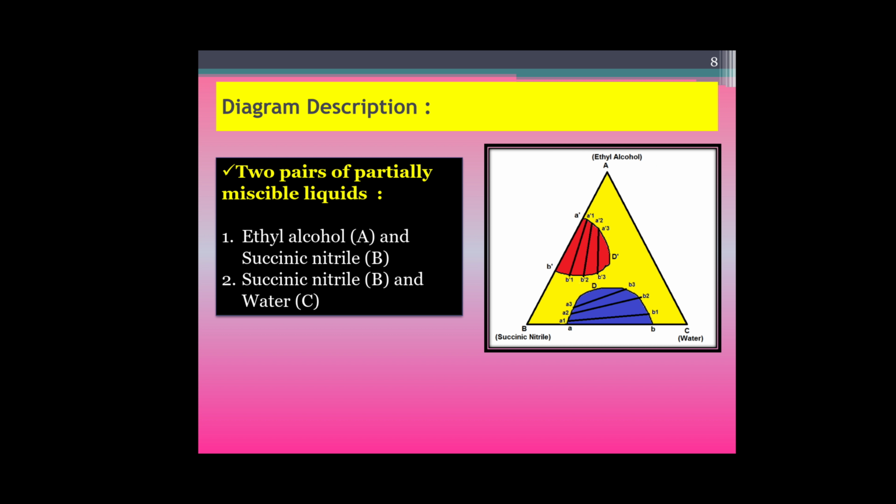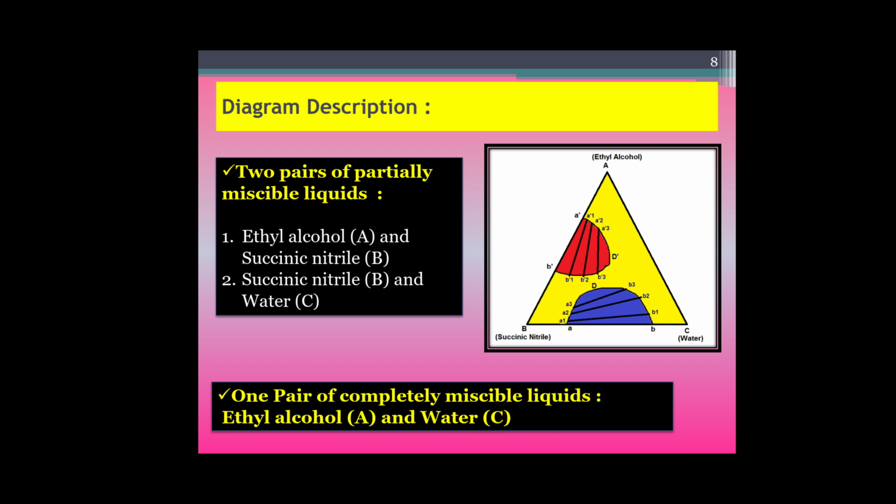In the system, one pair is there in which the two liquids are completely miscible or completely soluble with each other. That is ethyl alcohol and water, means A and C. These A and C are soluble with each other.